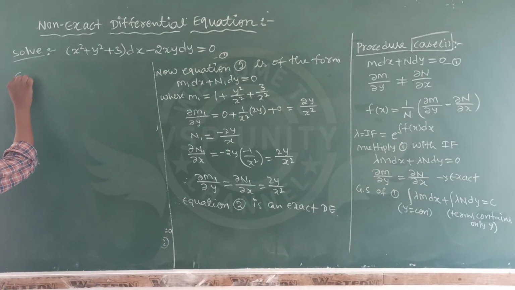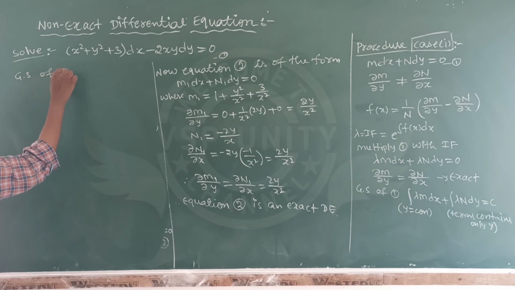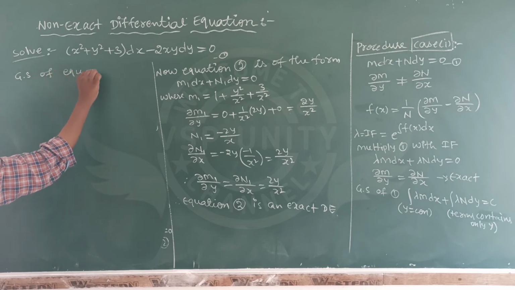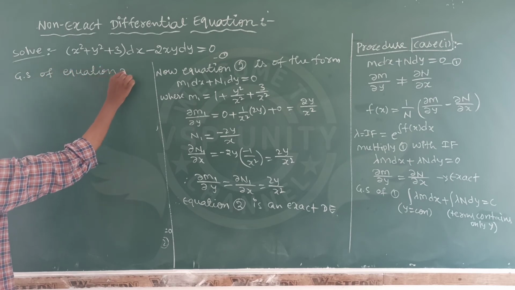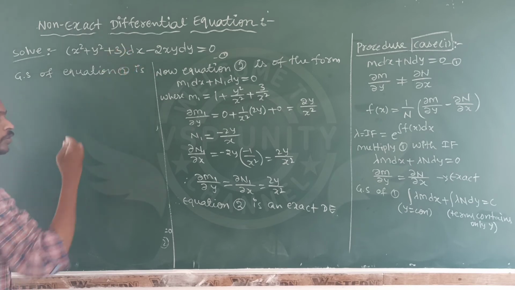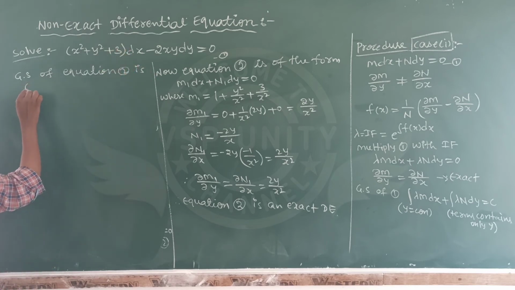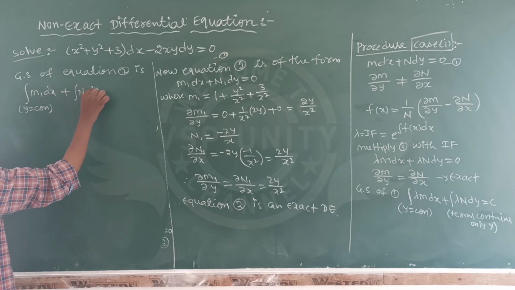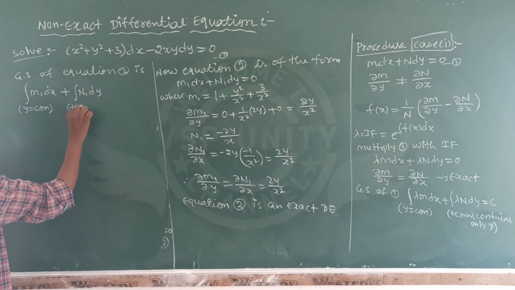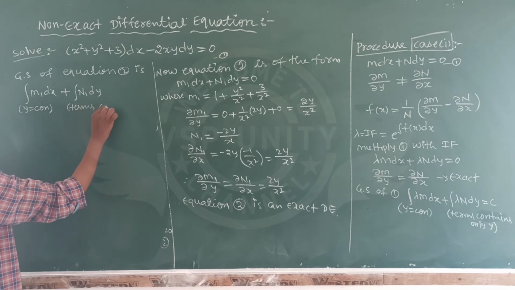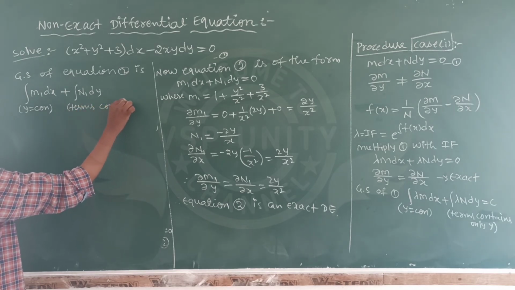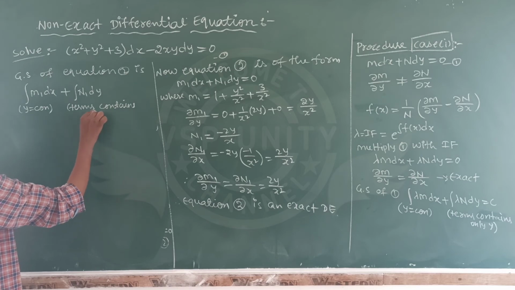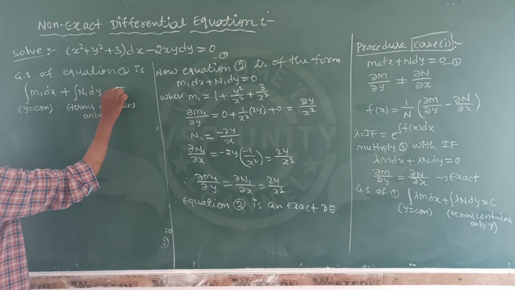Now, the general solution of equation 2 will be: integration of M1 dx, where y should be constant, plus integration of N1 dy, terms containing only y, is equal to c.